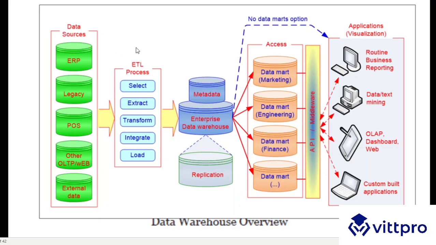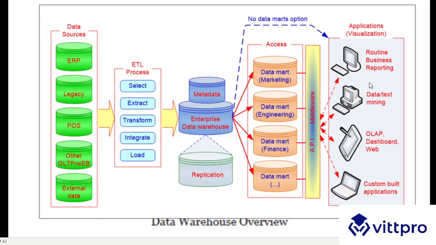And then there is usually a replication, because you always need to have a backup of your main database, right? Then there are two options. One option is you use a data mart, meaning a data mart for marketing, for engineering, for finance, for many other departments.